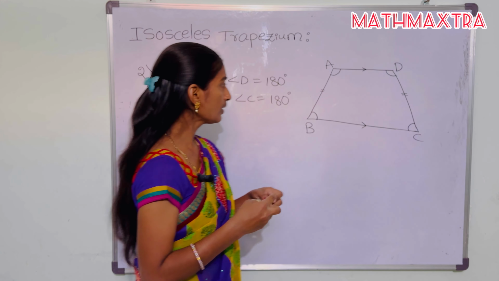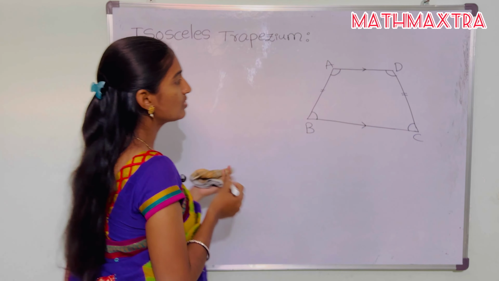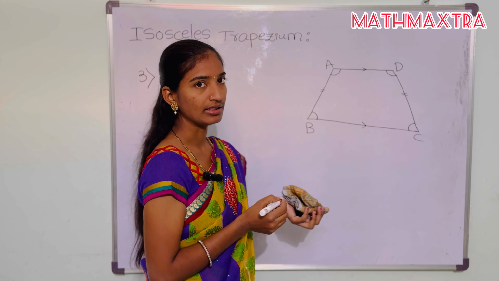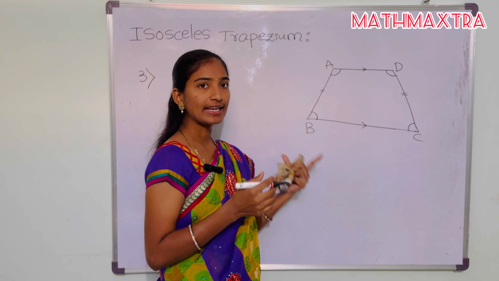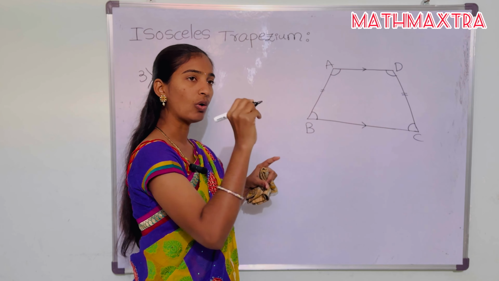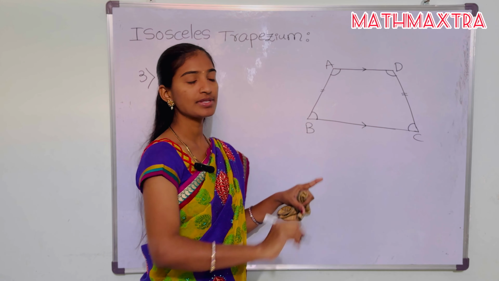Okay. And the third property is that an isosceles trapezium is always a cyclic quadrilateral. So what is a cyclic quadrilateral? If you take a quadrilateral, all four vertices of the quadrilateral lie on the same circle.